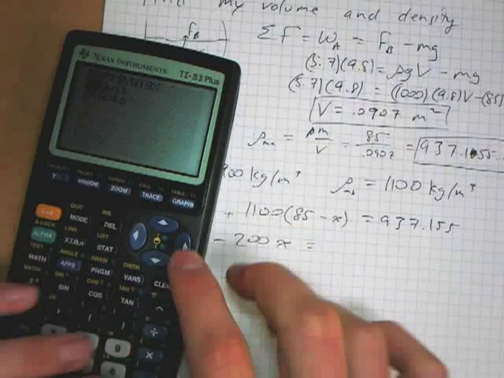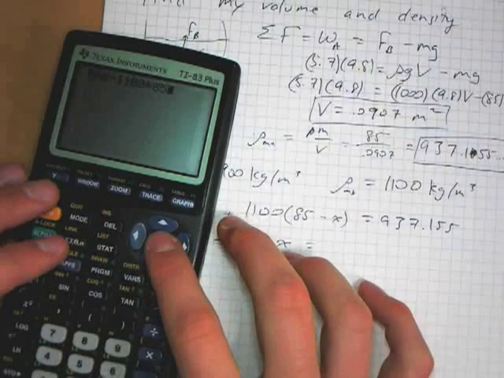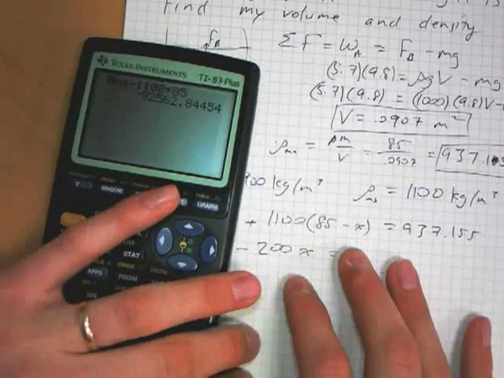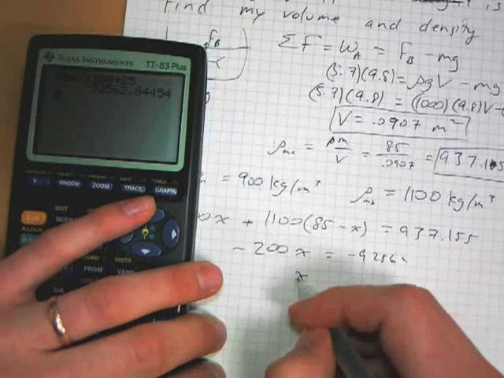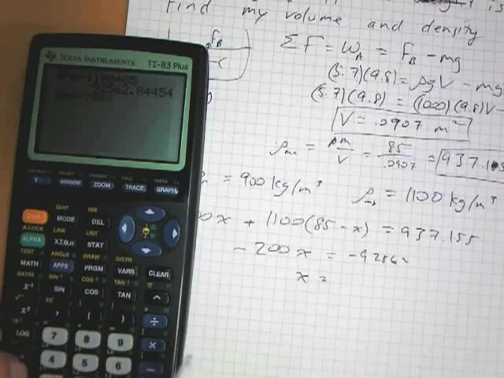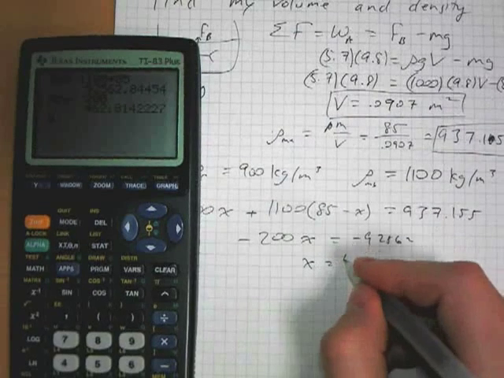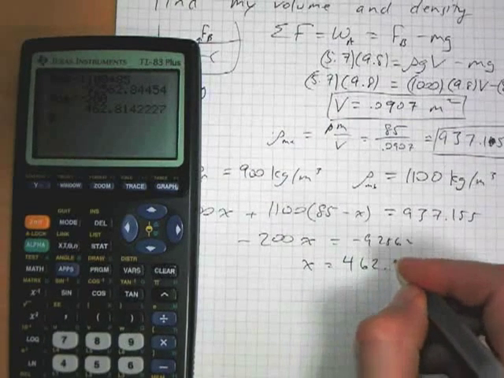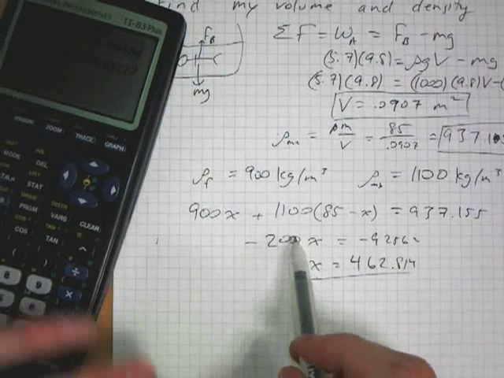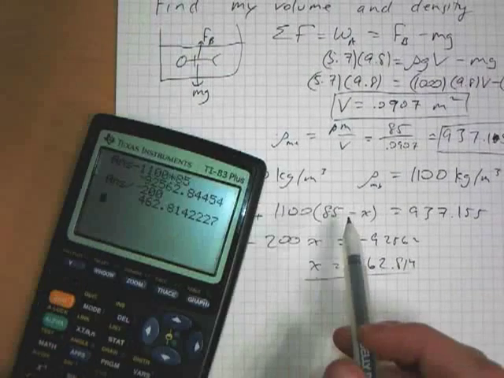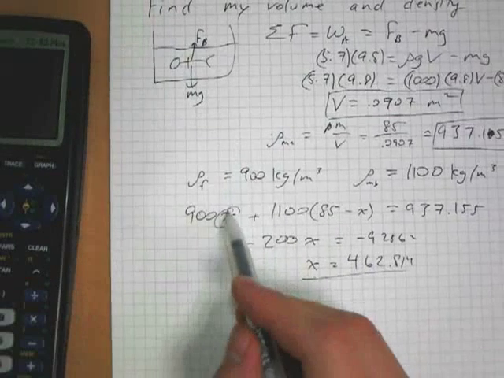Oh, there's a parenthesis there. And that's a minus 92,562, which is good because then our negatives cancel out. And x equals 462.814, and x was the amount of my weight that is fat.